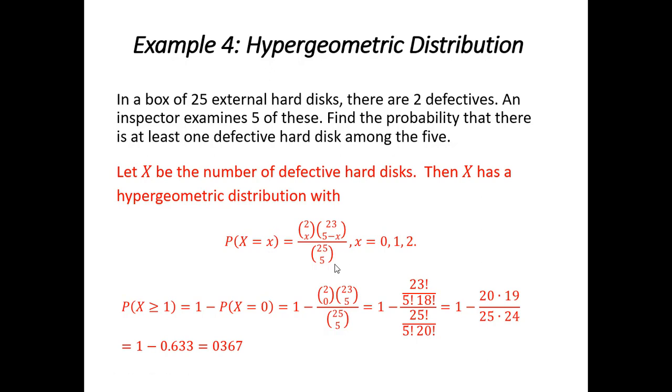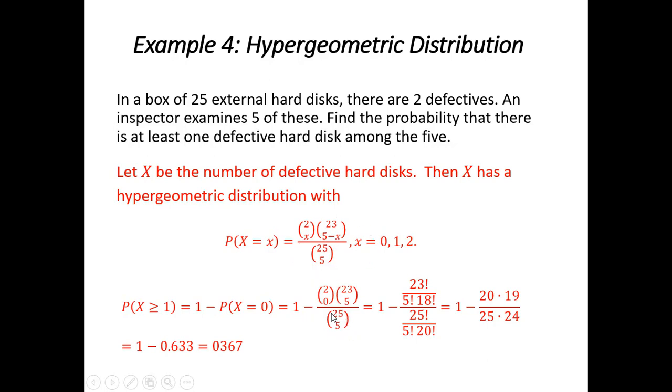Okay, so we can work this out. Now we want the probability x is greater than or equal to 1. So we're looking at 1 minus the probability x is equal to 0. We could figure out the probability x is equal to 0 using this formula up here with x equals 0.